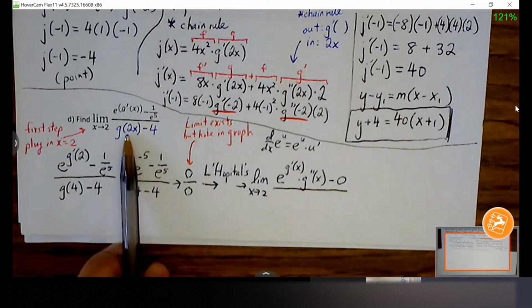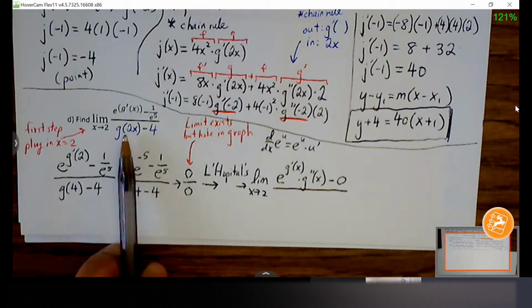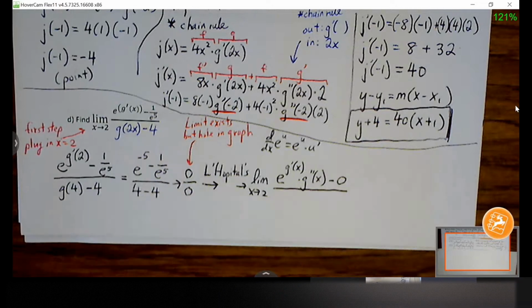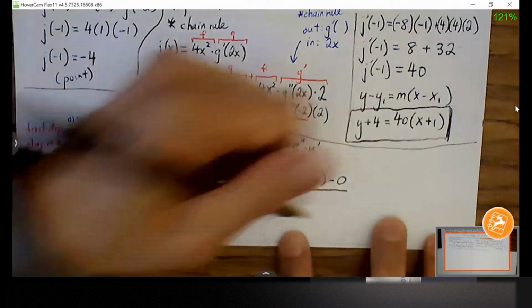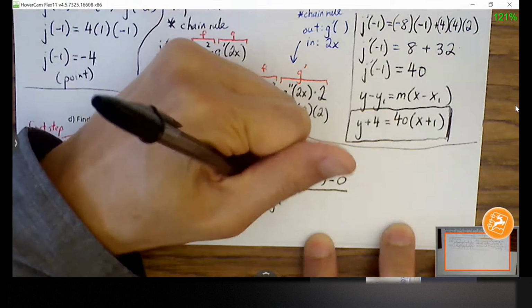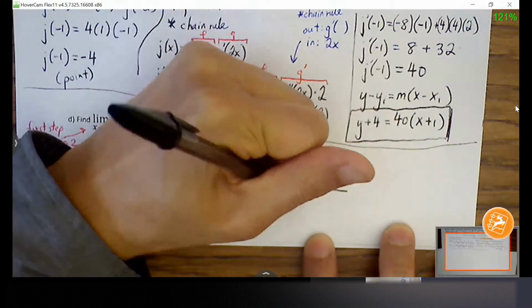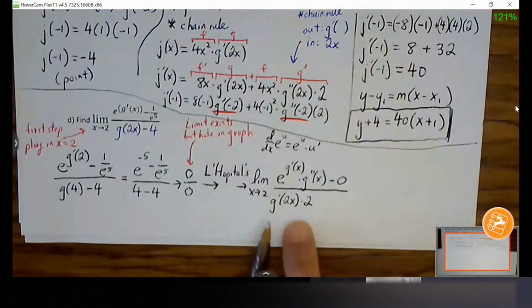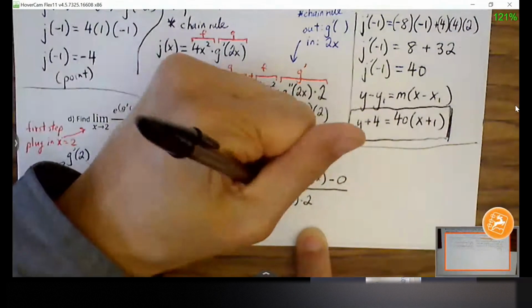We need to find these derivatives as well. So what's g of 2x's derivative? G prime of 2x times 2. Yep, chain rule. Wouldn't it be g prime of 2x? Yep, g prime of 2x.